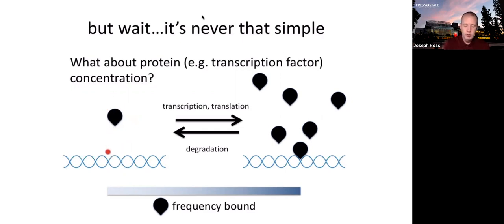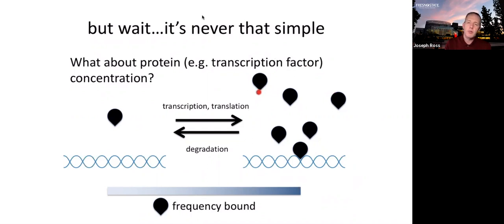So it will bind to the DNA where it recognizes a specific DNA sequence, like TATA binding protein recognizes TATA. And so it binding will cause transcription and translation, and maybe that's sufficient to produce whatever proteins it regulates. But what if you have more of that same transcription factor in the cell?